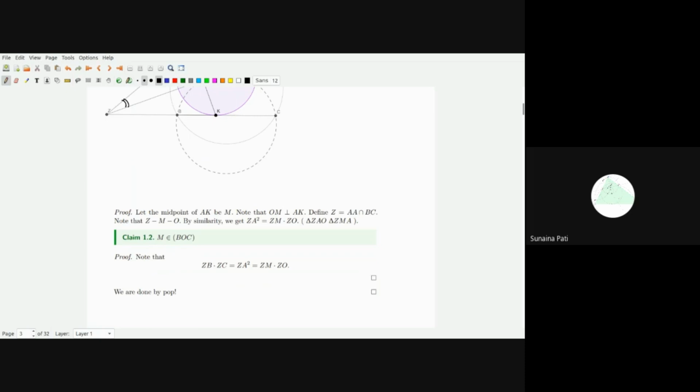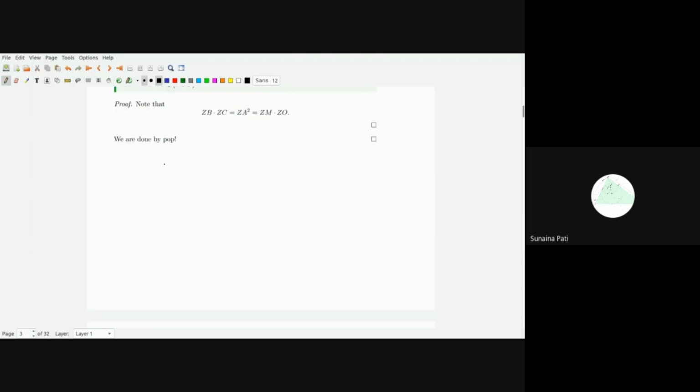I call it POP, but in an exam or any contest, just write power of a point. Do you remember the concept? I'll quickly give an overview of what POP is. If you have a circle and a cyclic quadrilateral ABCD whose diagonals intersect at K, then KB into KA is equal to KC into KD.